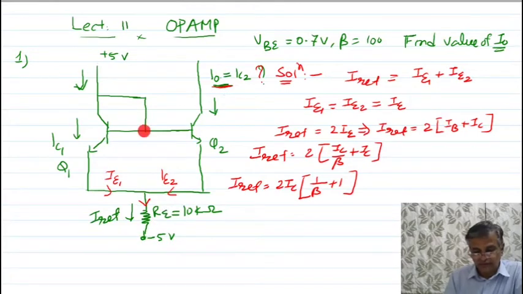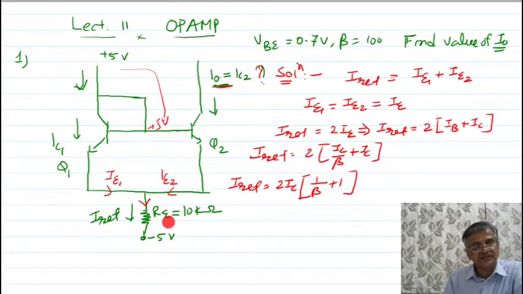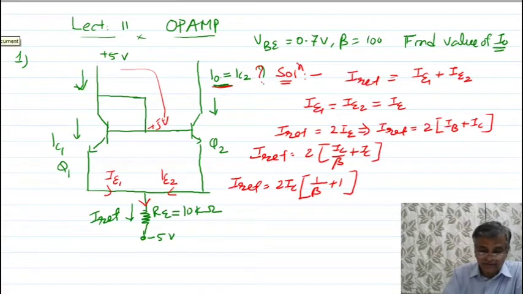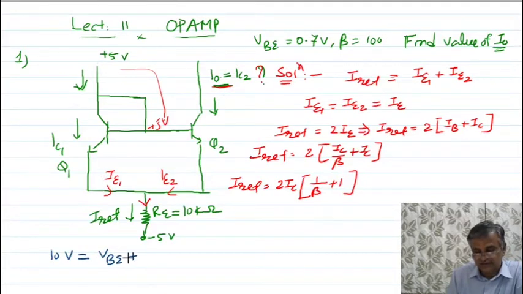So I can say between these two, how much total voltage? 10. So this 10 volt is equal to this voltage plus this voltage. This voltage is VBE, plus this voltage is current into resistance. So I am writing 10 volt is equal to VBE plus I reference into RE.